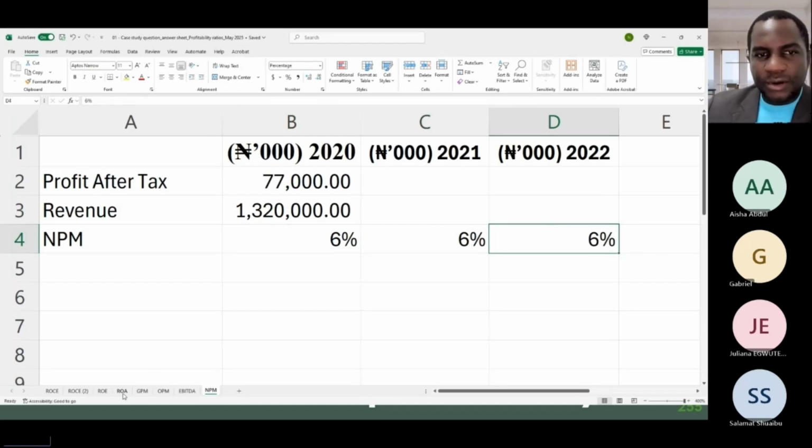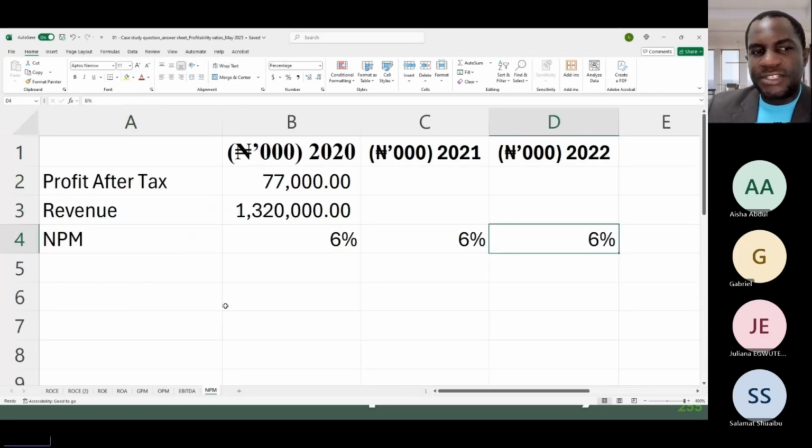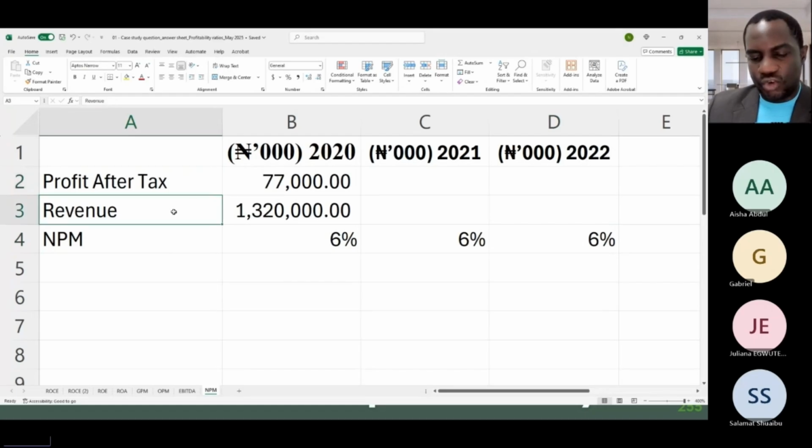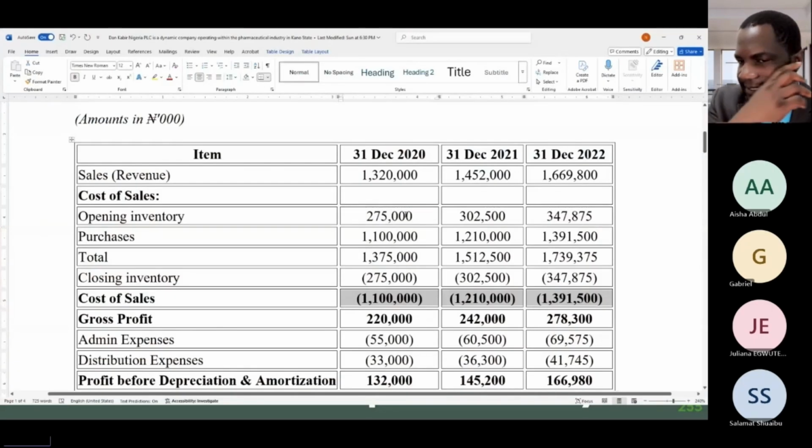I said no, it cannot be the same because the measure of return on asset is your profit after tax and total asset, but the measure of net profit is profit after tax and revenue. So she then asked, based on Dan Kabir, can we say that Dan Kabir's revenue is increasing? I said yes, it's increasing, but look at your costs too. They are also increasing.